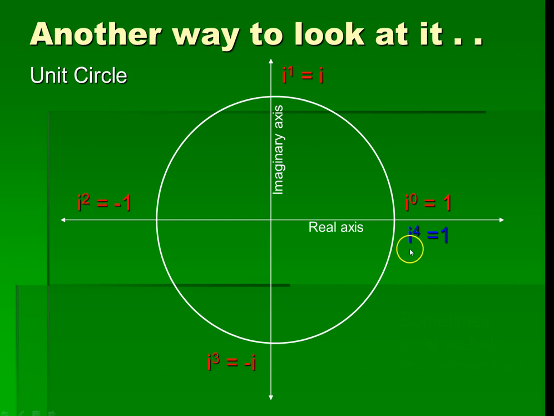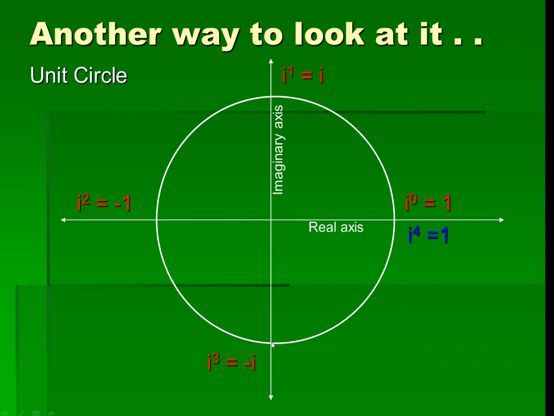So let's try i to the 7th. Let's start right here. This is 0. Right at 0, we go 1, 2, 3, 4, 5, 6, 7. So i to the 7th would be negative i. Let's try i to the 8th.